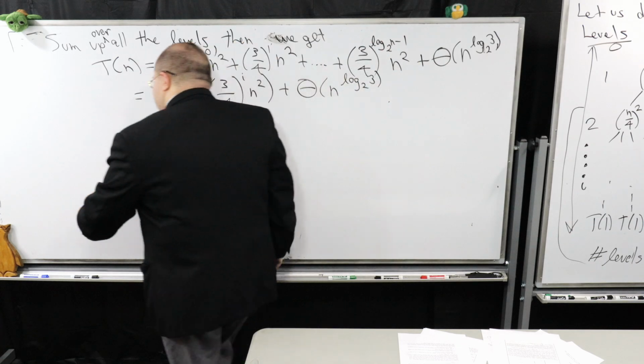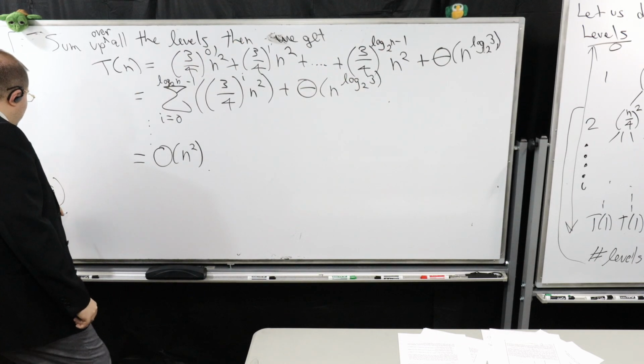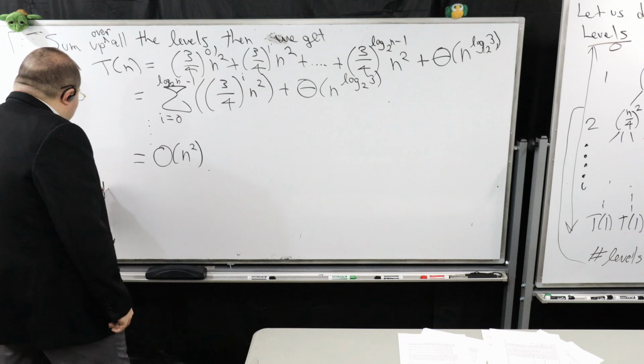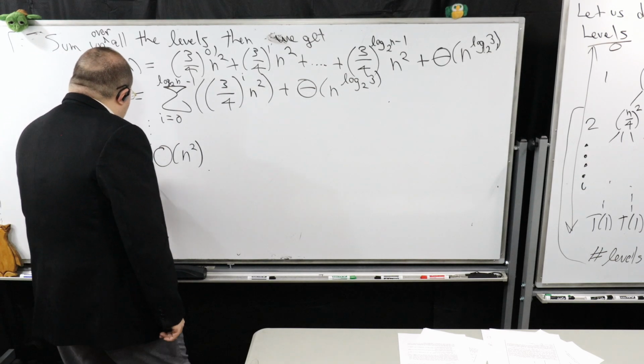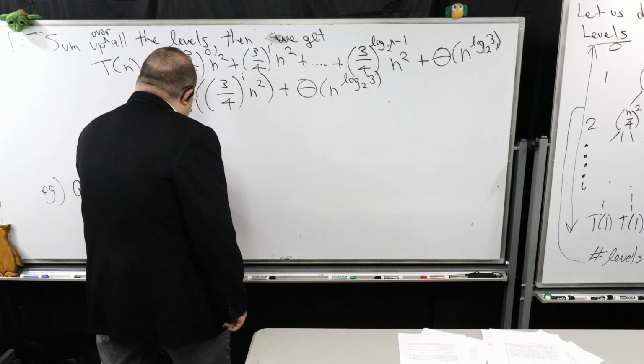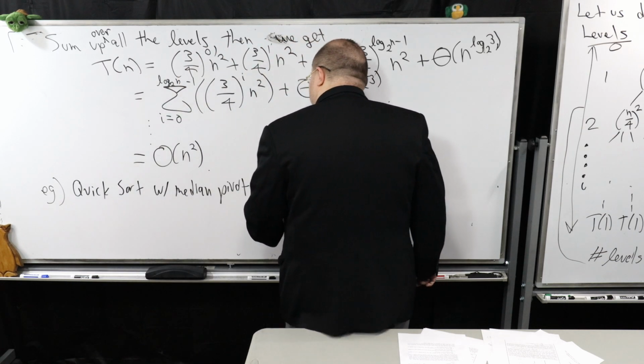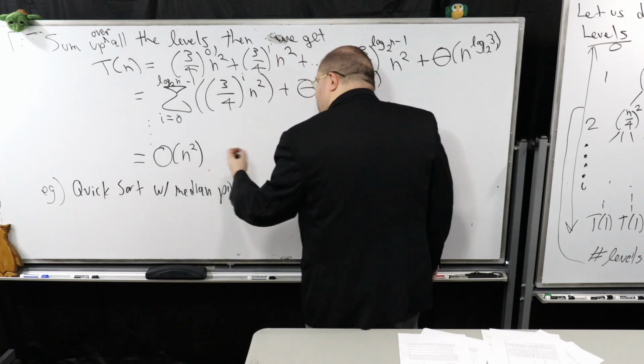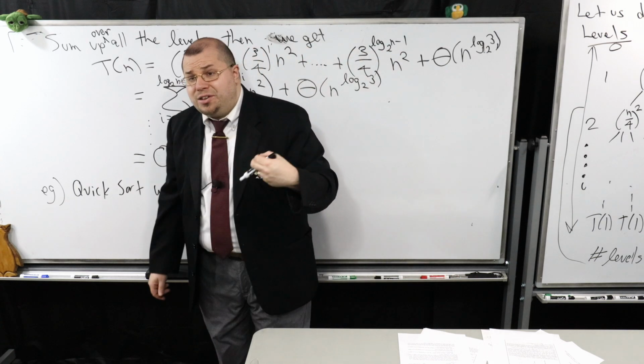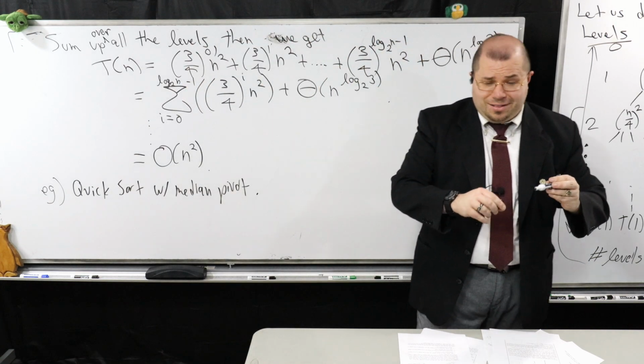The example I'm going to refer you to in the notes is quick sort with a median pivot. There's another example in the notes where I do quick sort with a median pivot, and I show you how you can use smoothness there to simplify the analysis.